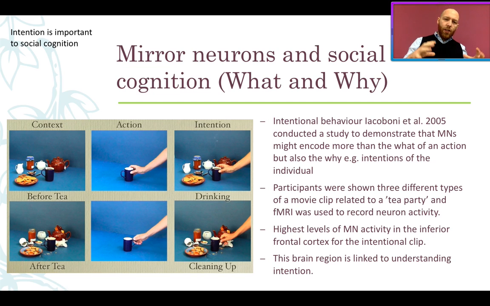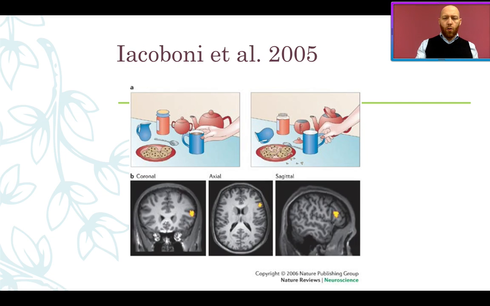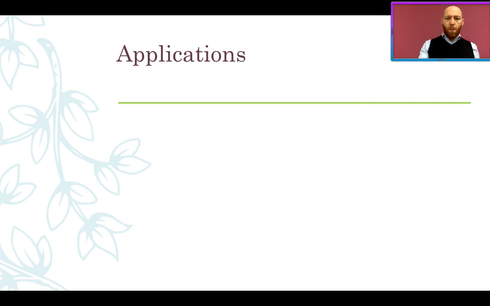This brain region is linked to understanding of others, and that's quite a dramatic finding. So you can see the activity in different parts of the brain for the intention versus non-intention.